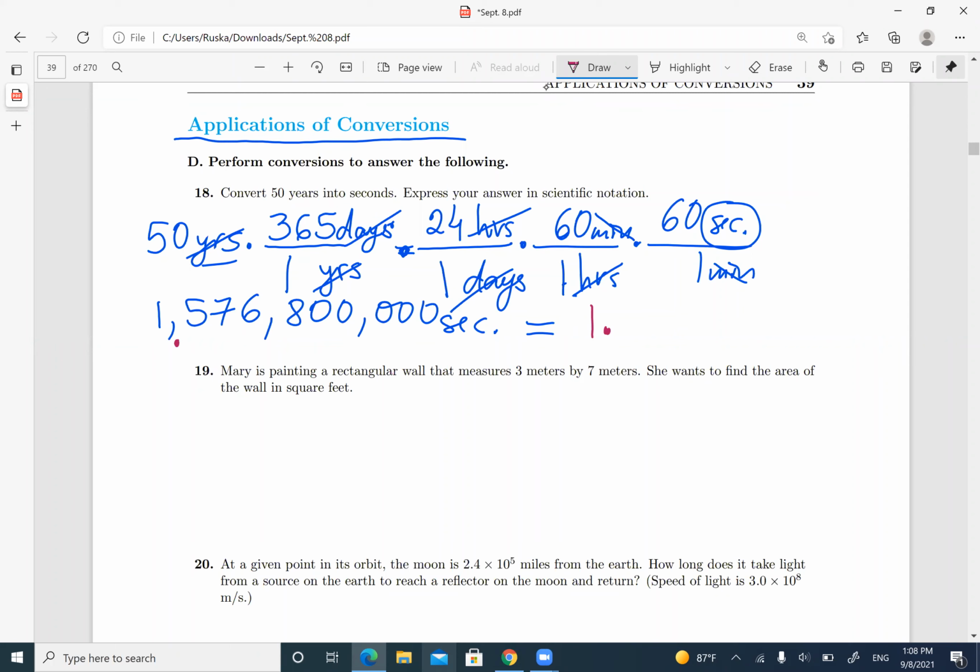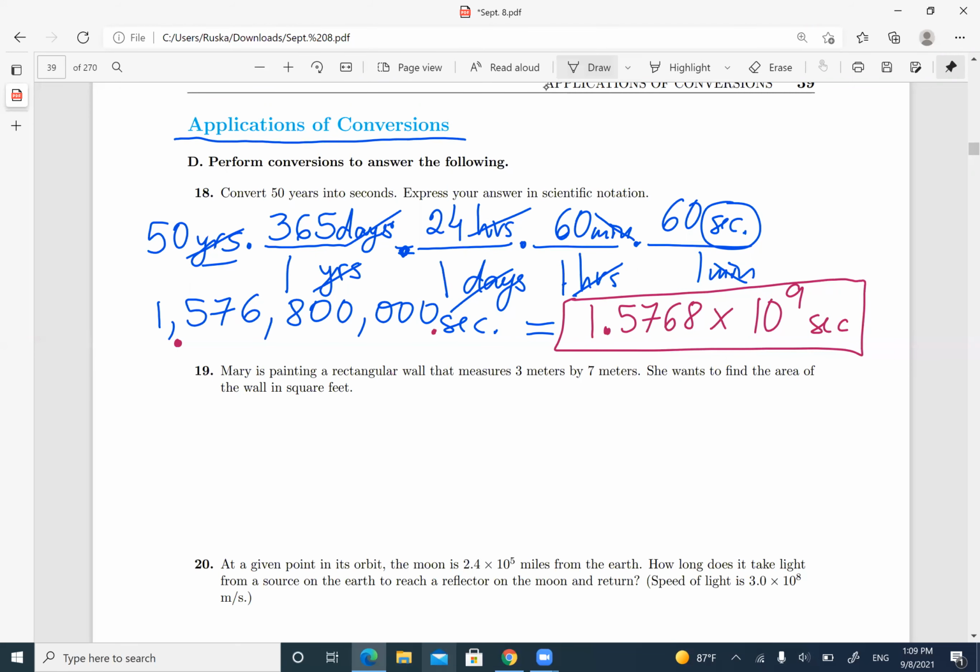So it's going to be 4.728 multiplied by 10. How many decimal places are you going to move from here to here? 8, right? So that's how you write your answer in scientific notation. Any questions? Yeah, ma'am.